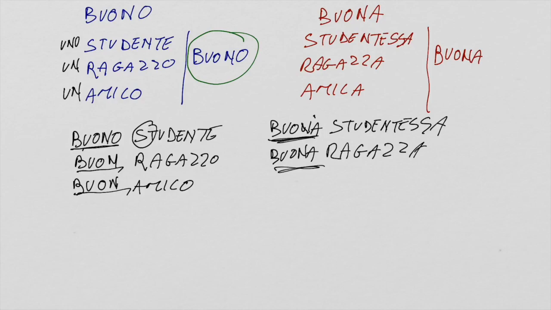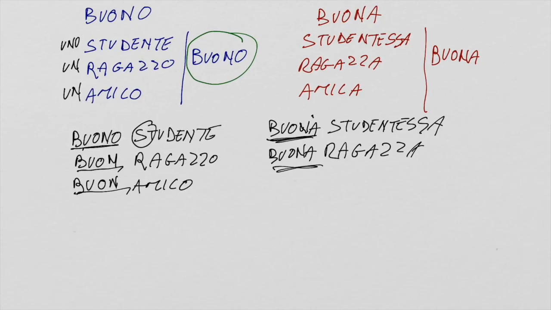So S and R are consonants. Don't think about S plus consonant. We are talking about the feminine. You have to pay attention to S plus consonant only with masculine nouns. With feminine, you have to just think about consonants and vowels. So you use buona in front of all feminine nouns starting with a consonant.